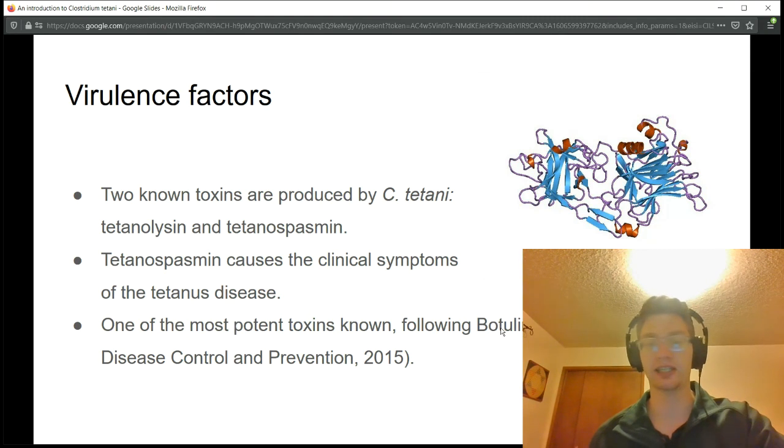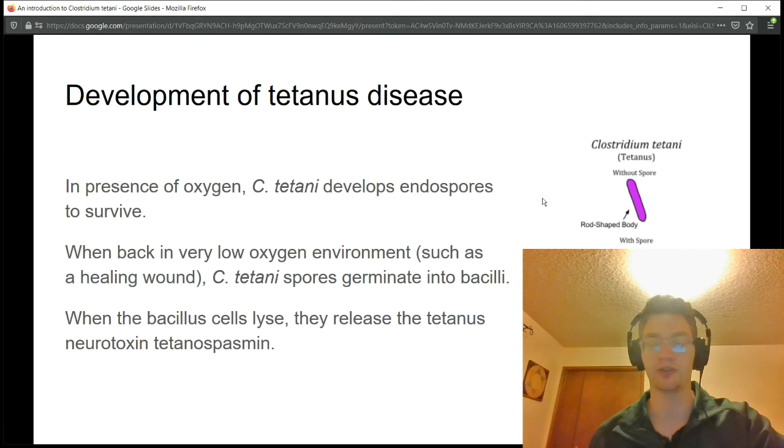Botulinum is caused by Clostridium botulinum, which, as you can tell, is in the same genus as Clostridium tetani. So they're very closely related. So it's interesting that some of the most potent toxins are both from the same family. I guess it's not too surprising.